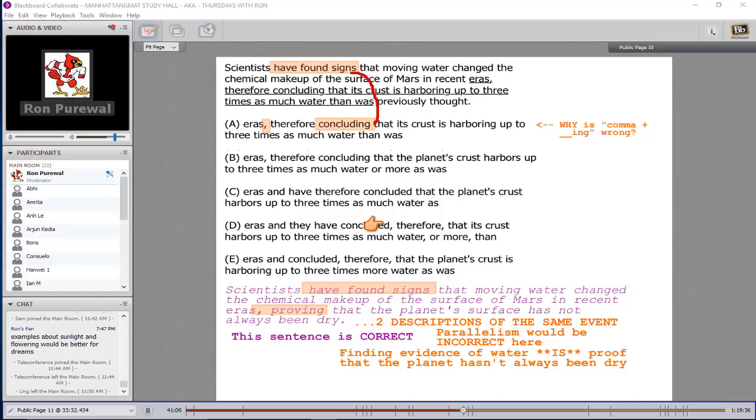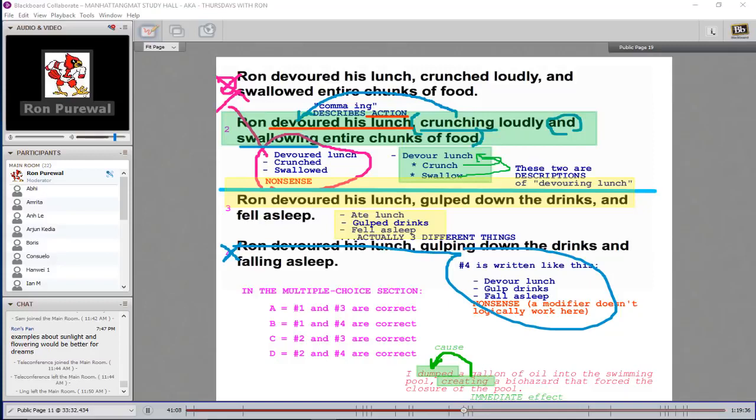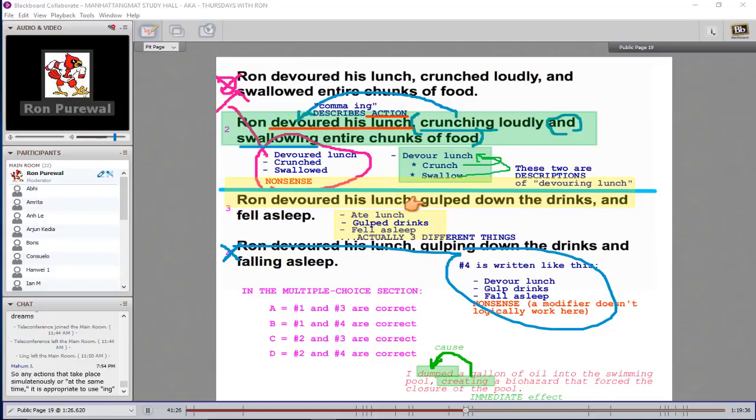If you have a sequence of things, they're pretty much going to be in the same tense, unless there's a very good reason for them not to be. For example, devoured, lunch, gulp, drink, fell asleep, those are all in the normal past tense. If you tried putting one of these earlier actions as had devoured or had gulped, it would be incorrect. So just realize that. When you have a sequence of past events, it's pretty much going to be past, past, past, especially if they're parallel.